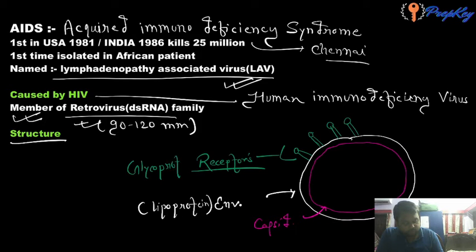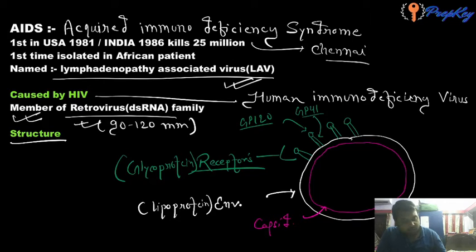This bulb-like structure is made up of GP120, glycoprotein 120, and the track-like structure is made up of GP41. I think that will be clear.